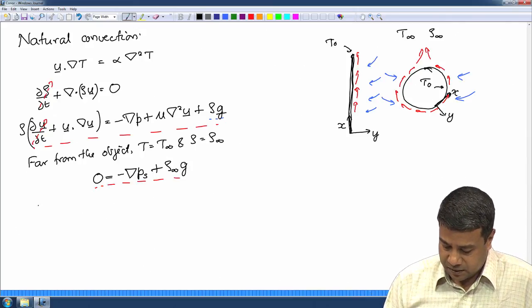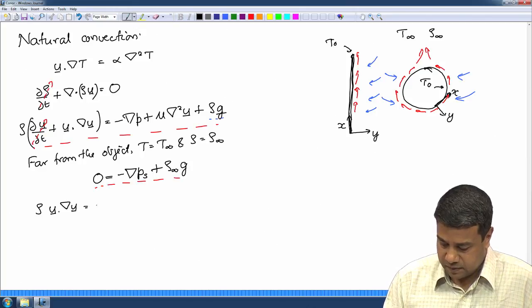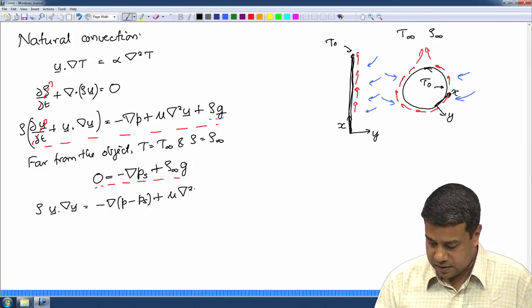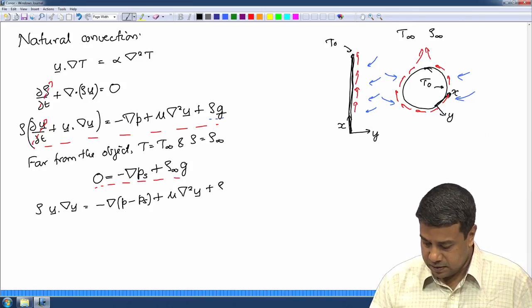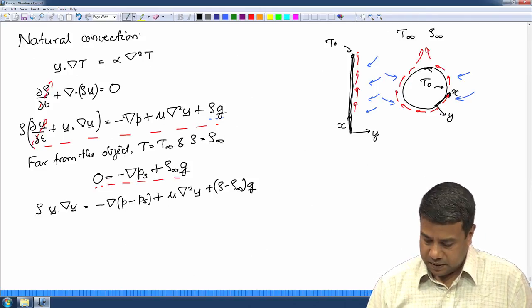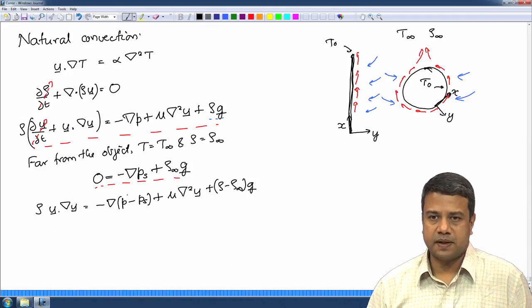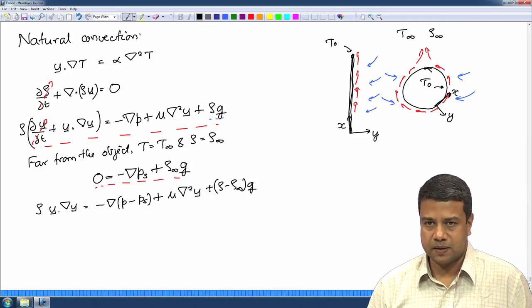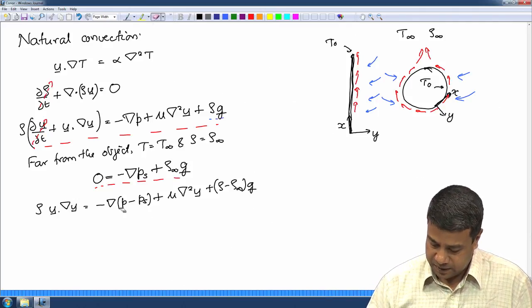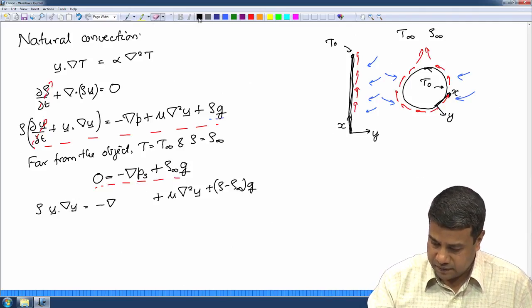So, that will be of the form rho u dot grad u is equal to minus grad of p minus p s, plus mu del square u plus rho minus rho infinity into g, where p minus p s, the pressure minus the static pressure, is basically the dynamic pressure, the difference between the pressure and the hydrostatic pressure. So, this I can write as gradient of the dynamic pressure.